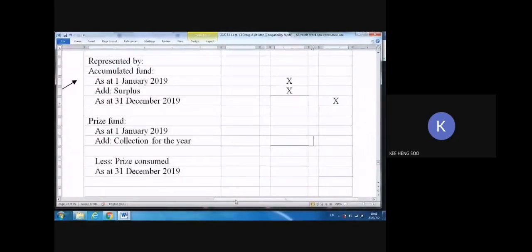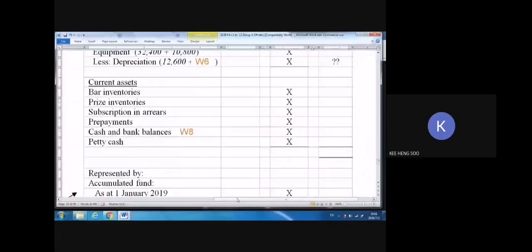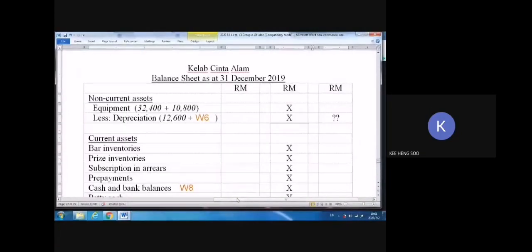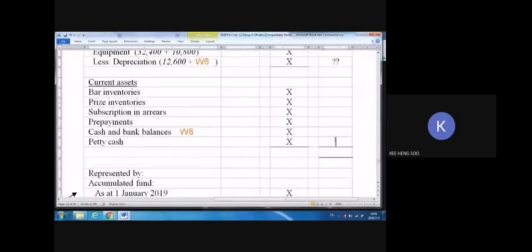Okay, so just now I stopped at this balance sheet. In the balance sheet, you have 32,400 plus 10,800. Then the rest you work out yourself. Don't worry, you can do it yourself in practice.